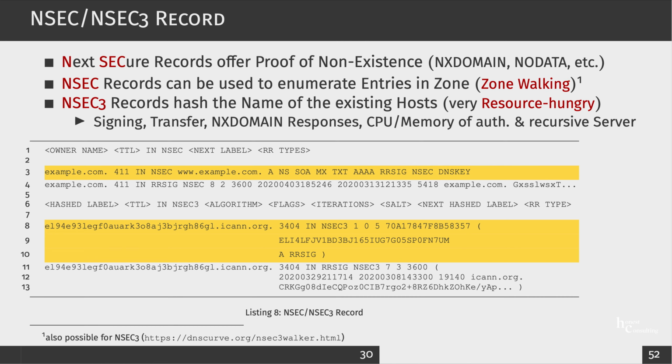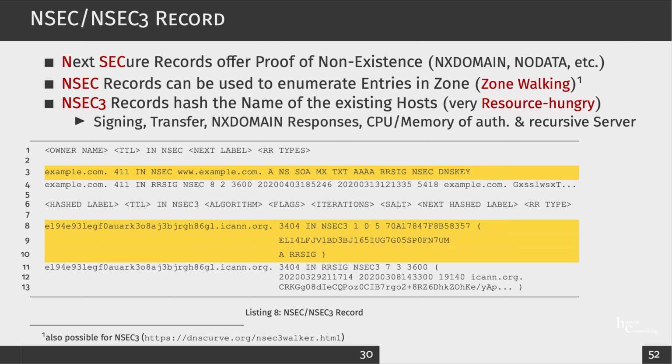So you start with A, and then you go with AB, and then you go with AC, AD, and so on. So you are just using all possible values to identify what kind of DNS record actually exists. And this is quite easy for NSEC.